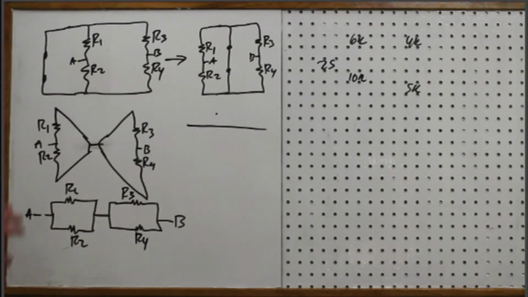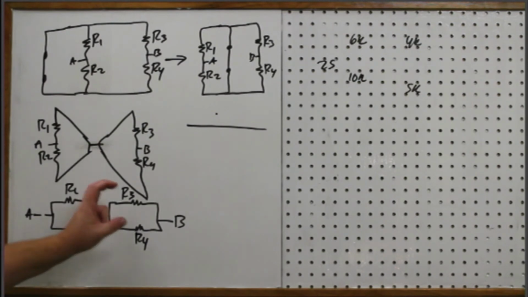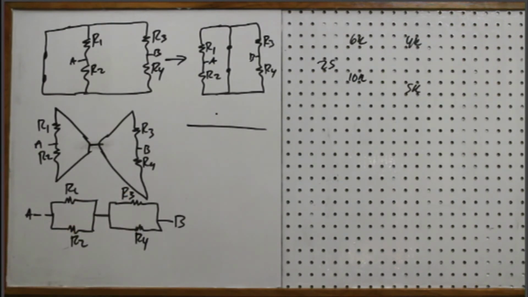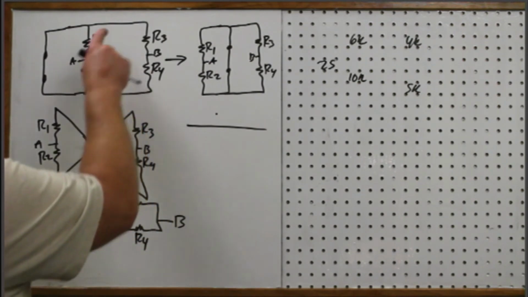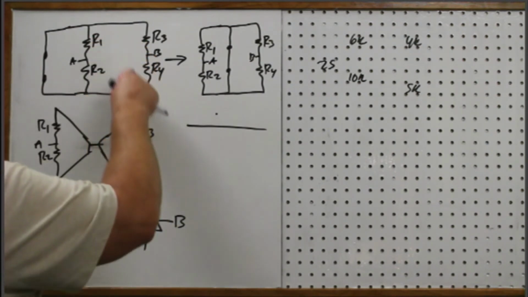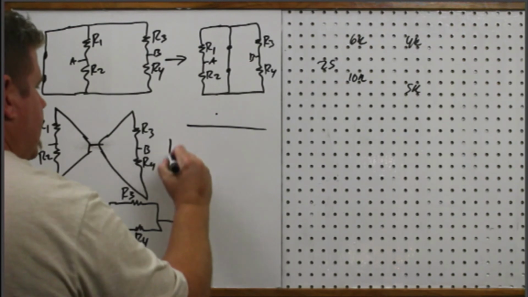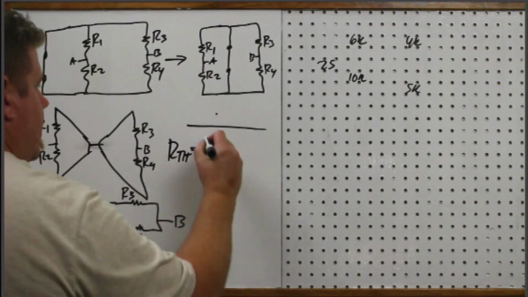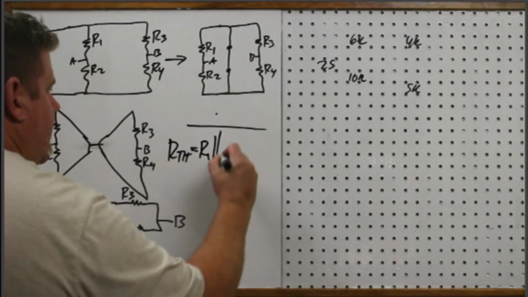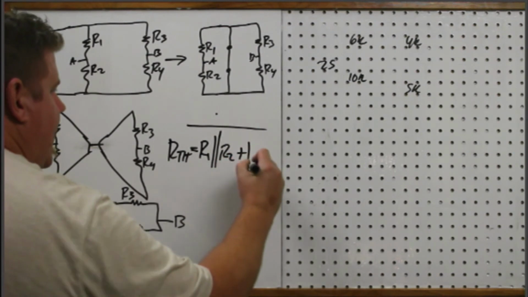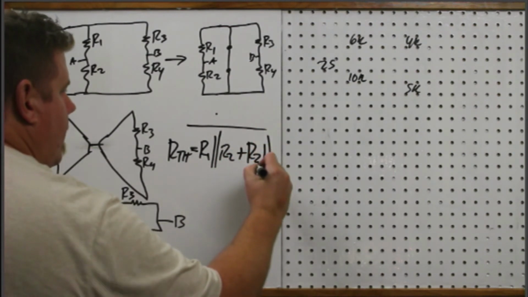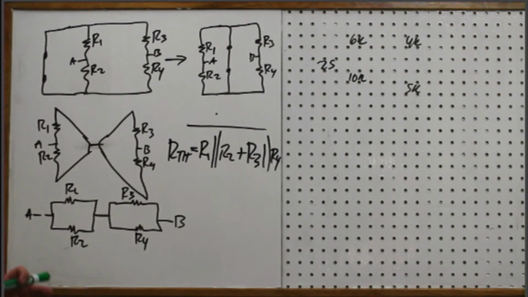I think you can clearly see that you have these two in parallel, and you add that to these two in parallel, and that'll give you the ohms between A and B. So the generic formula, if you label them R1, R2, R3, R4, the Thevenin equivalent here is R1 in parallel with R2. Take that and add it to R3 in parallel with R4 every time.